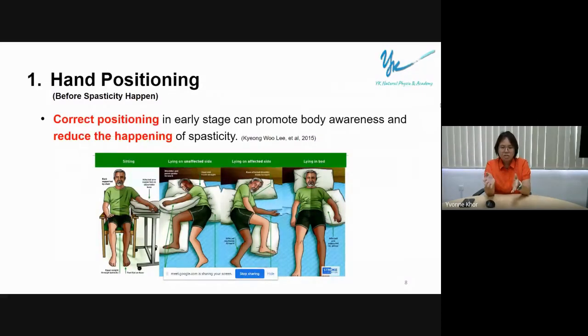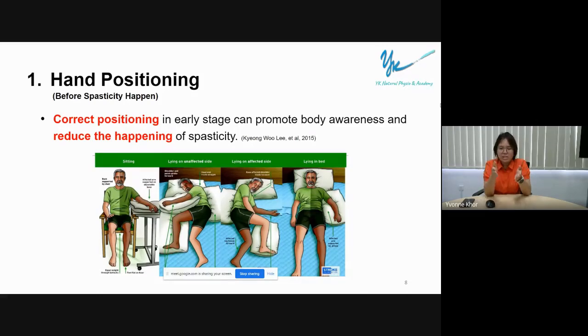For the positioning during the lying position, you can see from the right-hand side of the photo, the patient is lying down on the bed. So how do you support the affected hand, which is the stroke side? You need to put a pillow under the hand, which will reduce the chance of spasticity.